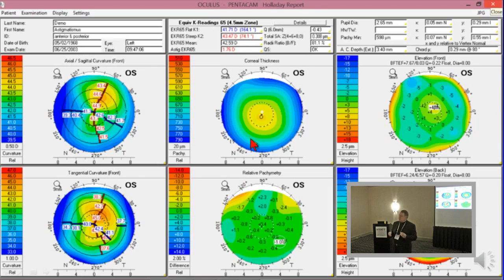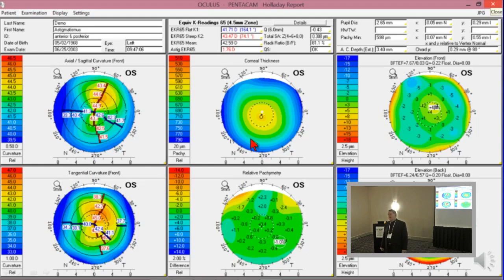But the difference is the EKR 65 determines that optimally over a 4.5 millimeter zone, and total net power does not do that over the 4.5 millimeter zone. Okay? So the EKR 65 has the benefit of the astigmatism that you get on total net power, but it's for the right diameter so that you get the exact value that you use.